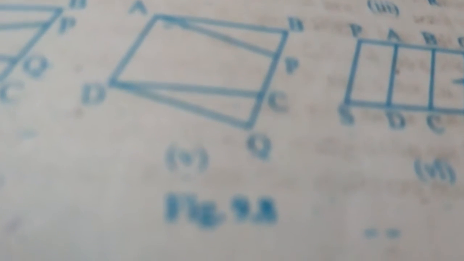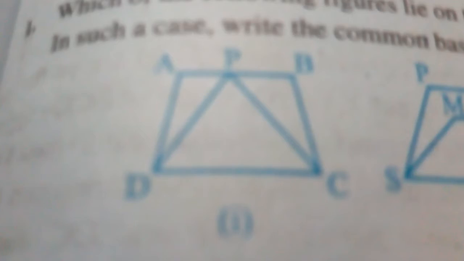Where they lie on the same base and the same parallel lines, we are to write the common base and the two parallels. Now number one, this one: ABCD and PDC standing on the same base DC and between the same parallel lines AB and DC.